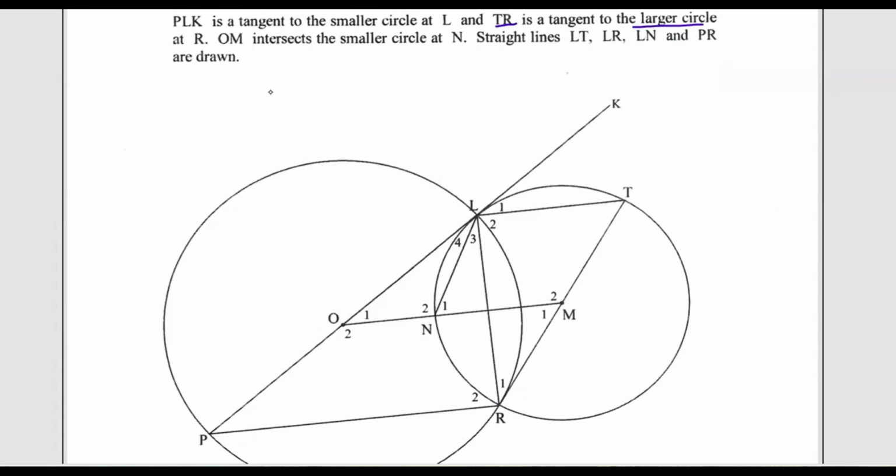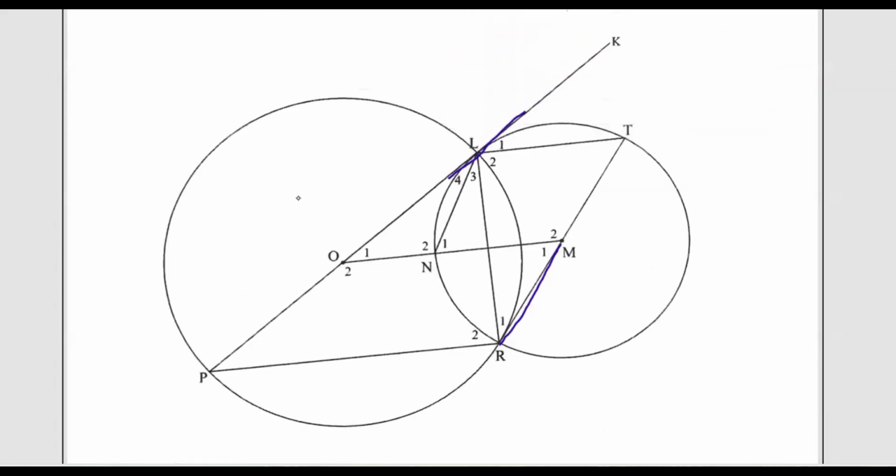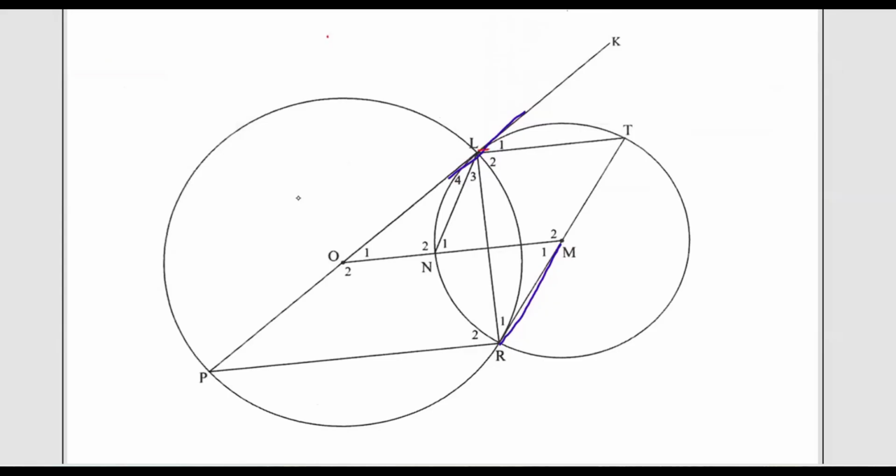Okay, the larger circle is having this tangent, and then the other one is having a tangent at this point. Then the question is, can we prove that LT is parallel to PR? LT, let me just highlight this. LT is parallel to PR.